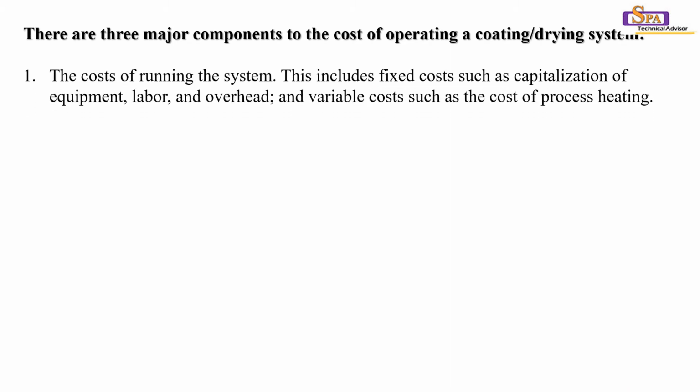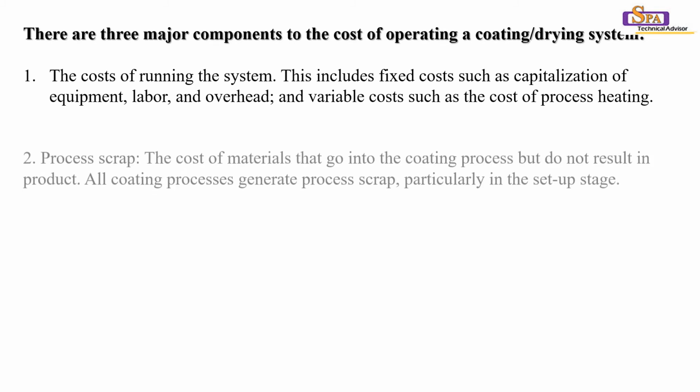There are three major components to the cost of operating a coating and drying system. Number one, the cost of running the system. This includes fixed costs such as capitalization of equipment, labor, and overhead, and variable costs such as the cost of process heating.